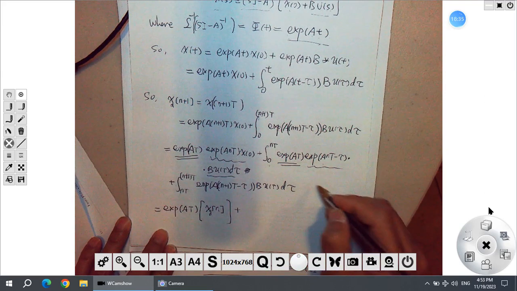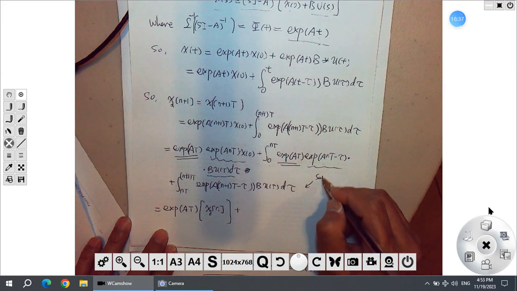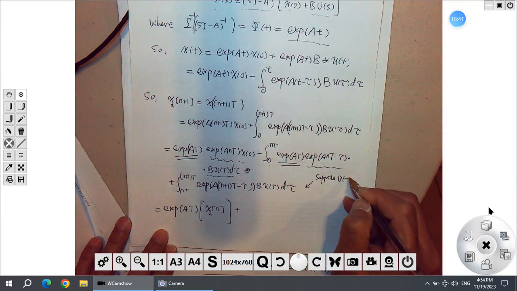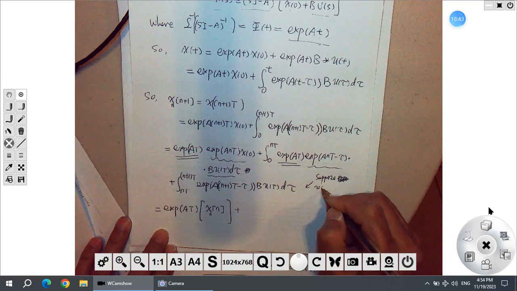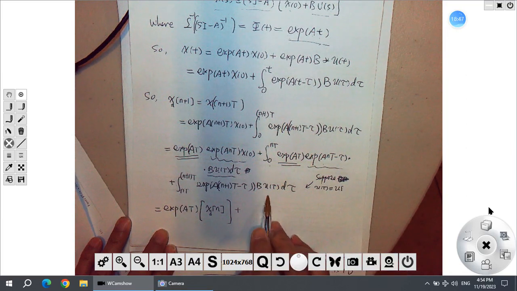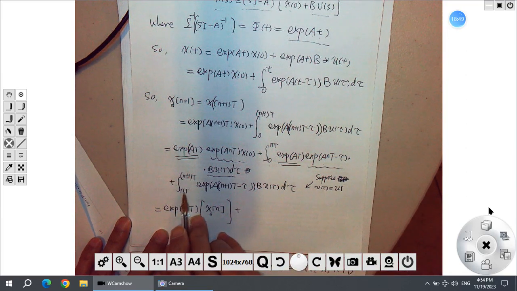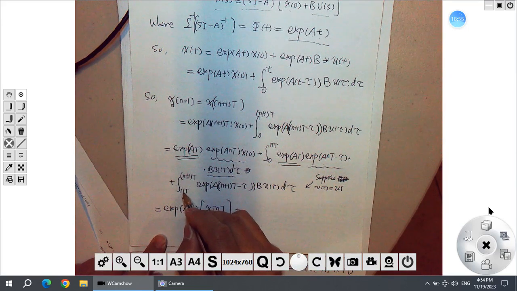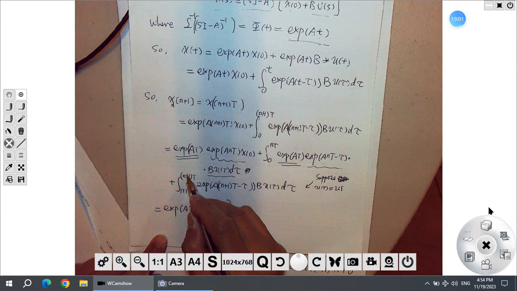And the second part, u(τ) is always u(n). You see, this τ will run from nT to (n+1)T. In the discrete-time case, here you get a u(n). Then between these, there is no more information about the input.